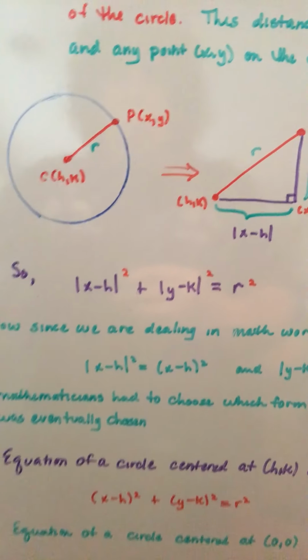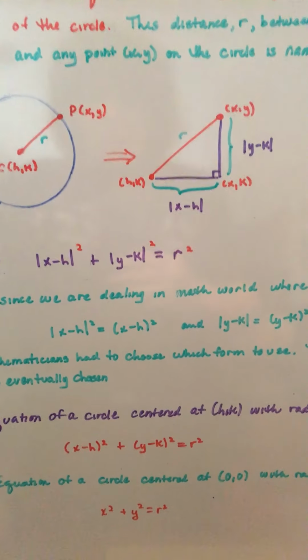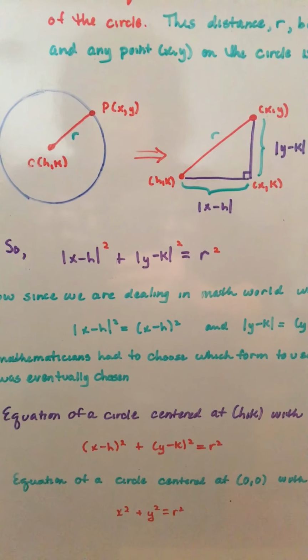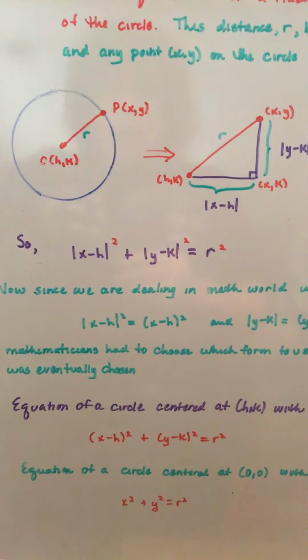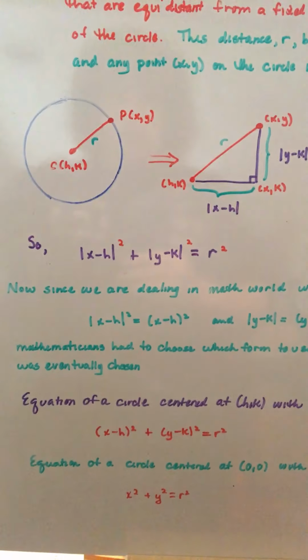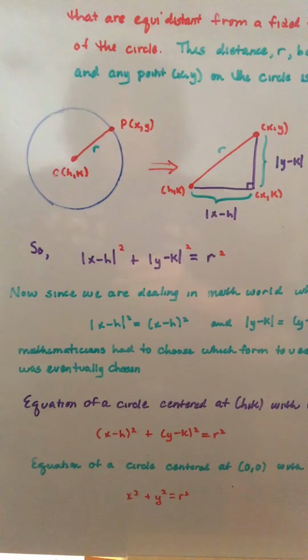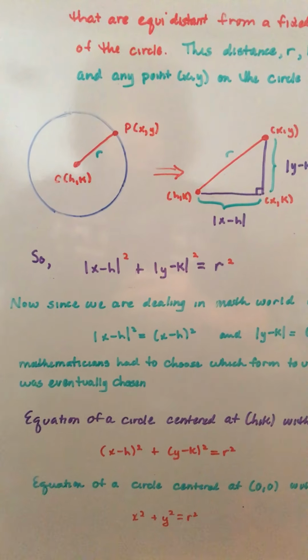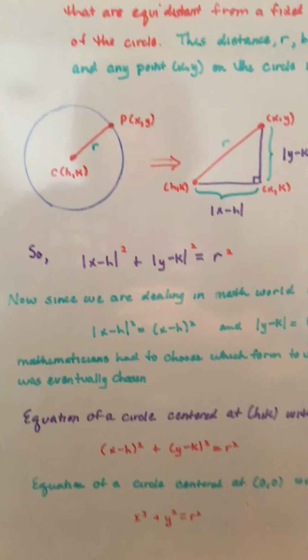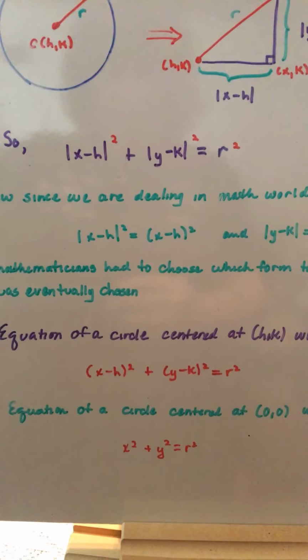But now in the math world, mathematicians know that the absolute value squared is the same as the quantity squared. And so somewhere along the way, mathematicians chose that for convention's sake, we have to do just one of these, and they went with the parentheses.